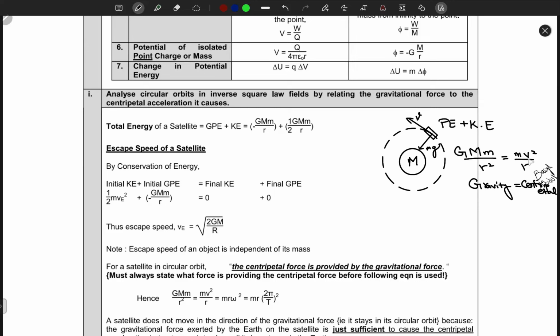This is the linear velocity, right? So this velocity is linear. What would be the nature of this velocity? Think about this: what are we doing? We are equating the force of gravity with the centripetal force.